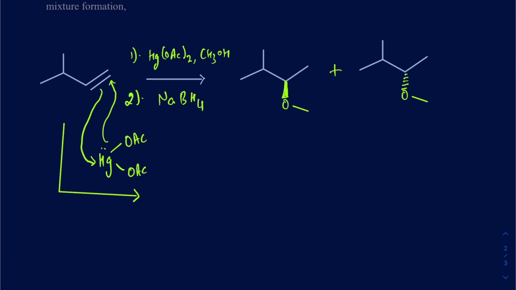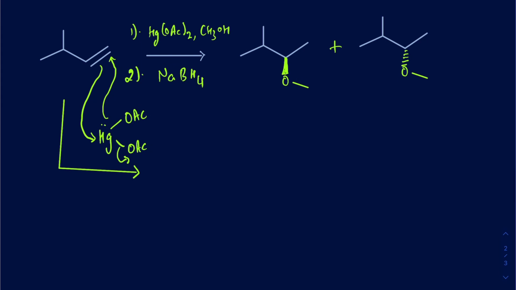And then you lose one of the acetates. So the intermediate kind of looks like a mercurinium ion, where this mercury is actually attached to both of those carbons here, just like this. You still got one acetate group intact in there, and you've got a positive charge on this one.